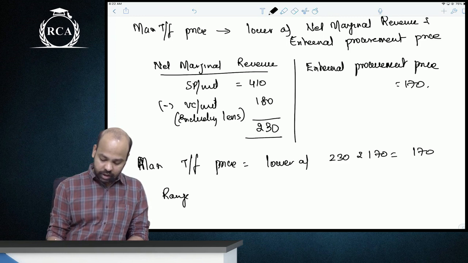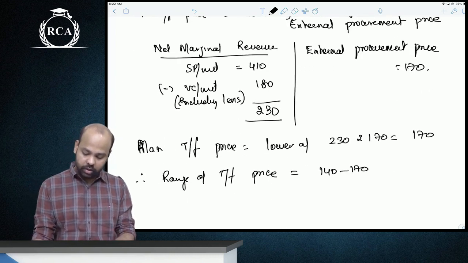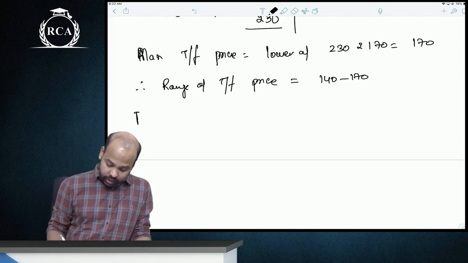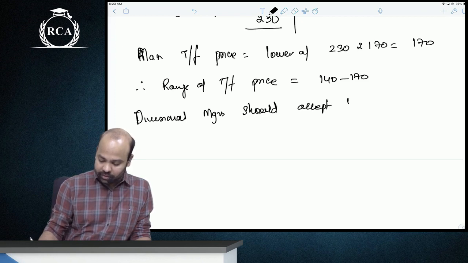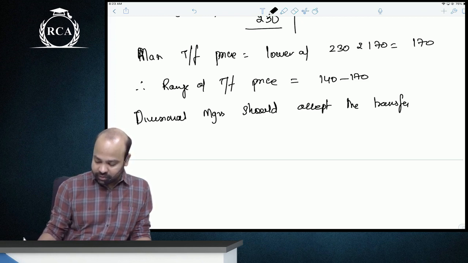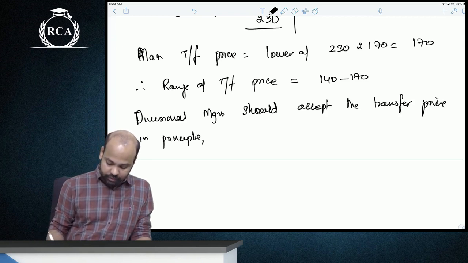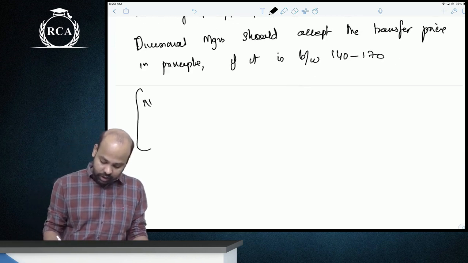Therefore, the range of transfer price would be 140 to 170 rupees. The divisional managers should accept the transfer price in principle if it is between 140 to 170.